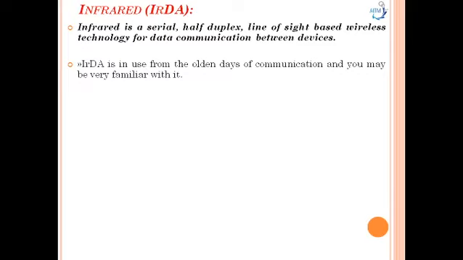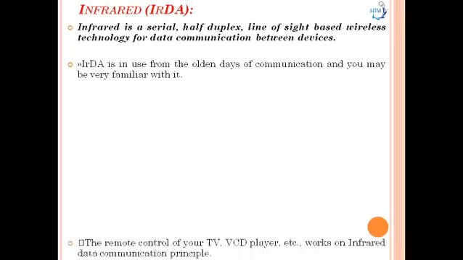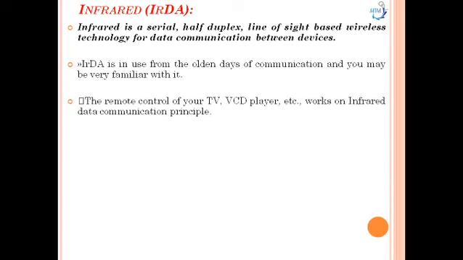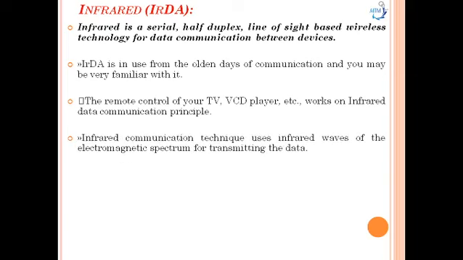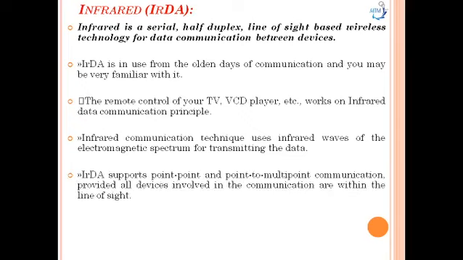Infrared is used with the TV remote control here. The remote control of your TV, VCD player, etc. works on the infrared data communication principle here. The infrared communication technique uses infrared waves of the electromagnetic spectrum for transmitting the data here.